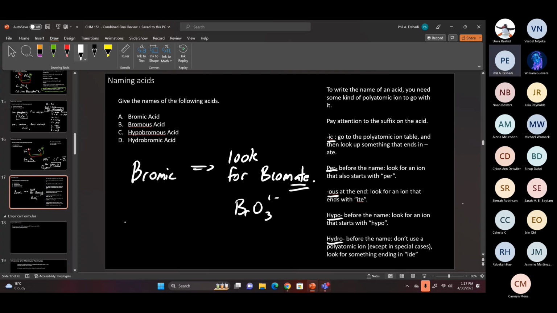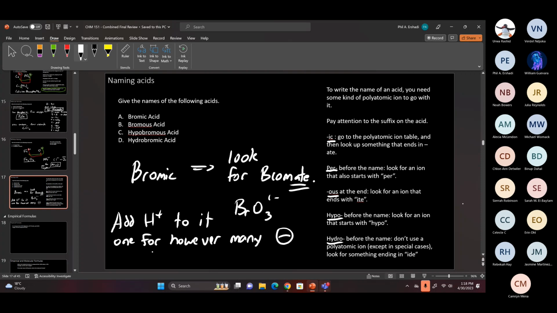Now, once you've figured out what ion you're supposed to have, we need to add hydrogen plus to it and add 1 for however many negatives we have. So if you had -1, your correct formula would become HBrO3.